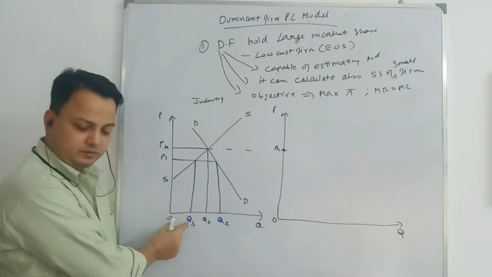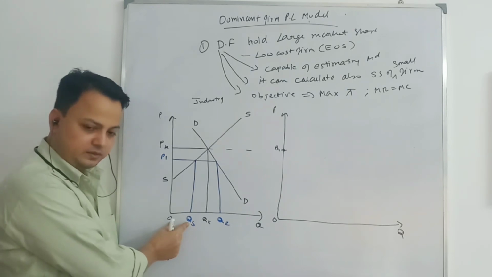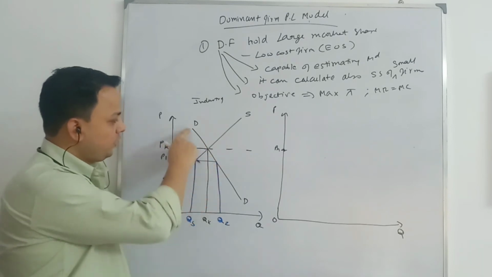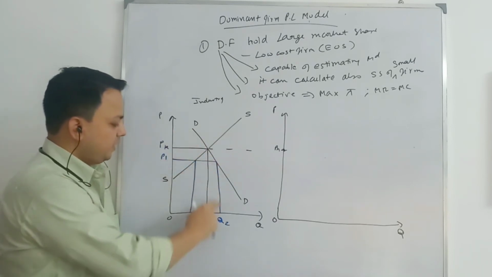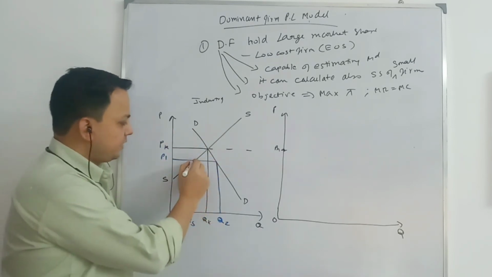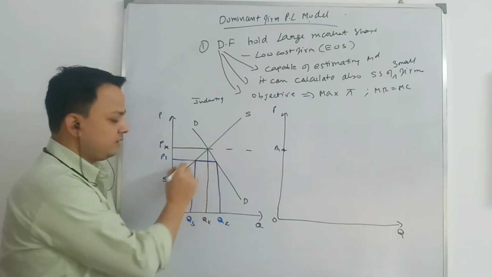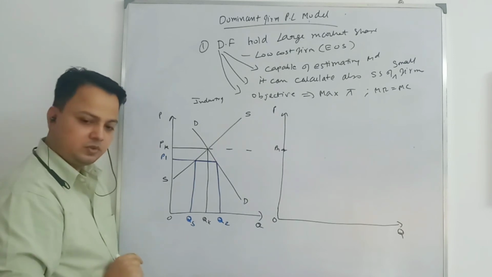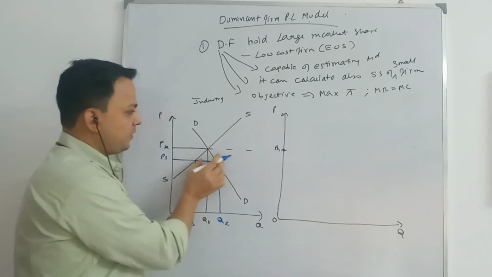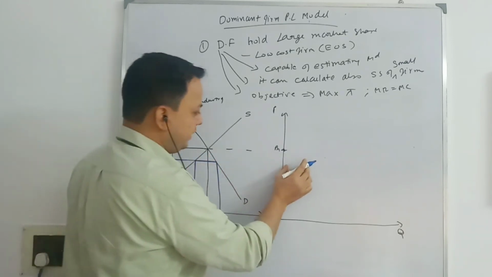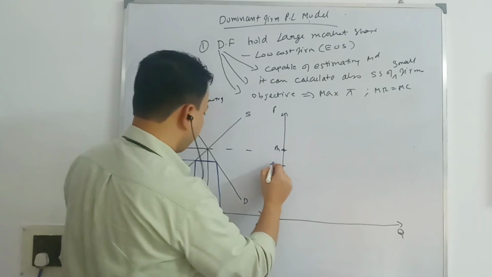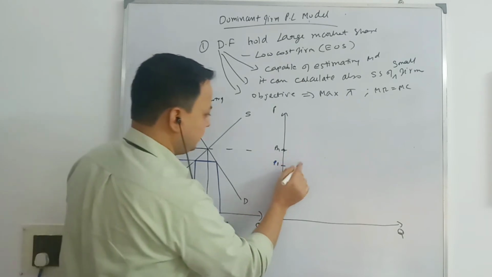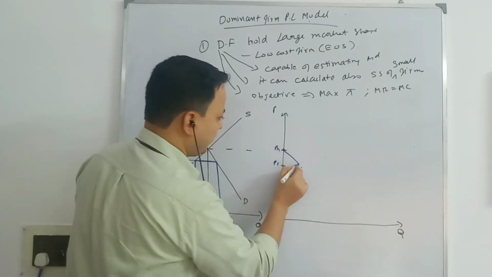This much, right? But if you read from the demand curve, if price is P1, demand is this much. So this distance, who will supply? This will be supplied by our dominant firm. Okay, so this distance I am taking at this price and putting it here. Suppose price is P1 and I take this distance and put it here. It will be coming to these 2 points. I get 2 points.